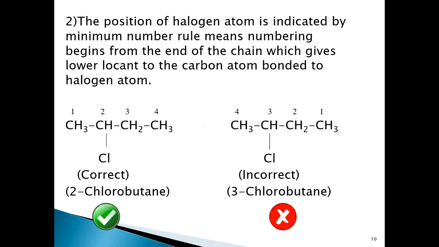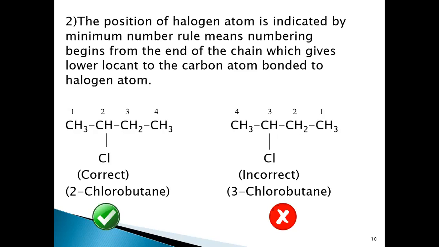Second rule is the position of the halogen atom. There is always a minimum number rule, meaning lowest numbering. You can see in this example, 2-chlorobutane. Why is it correct? Because it is on the second position, which is lowest, while 3-chlorobutane is the wrong one because 2 is lower than 3.